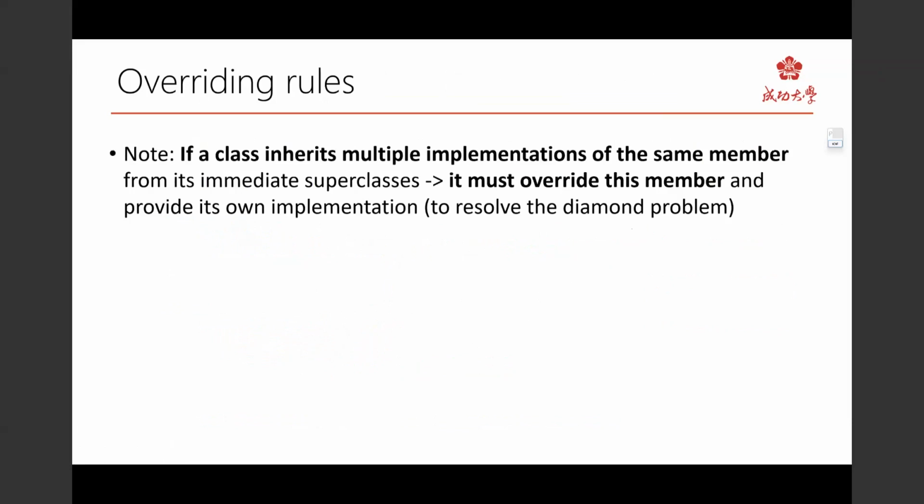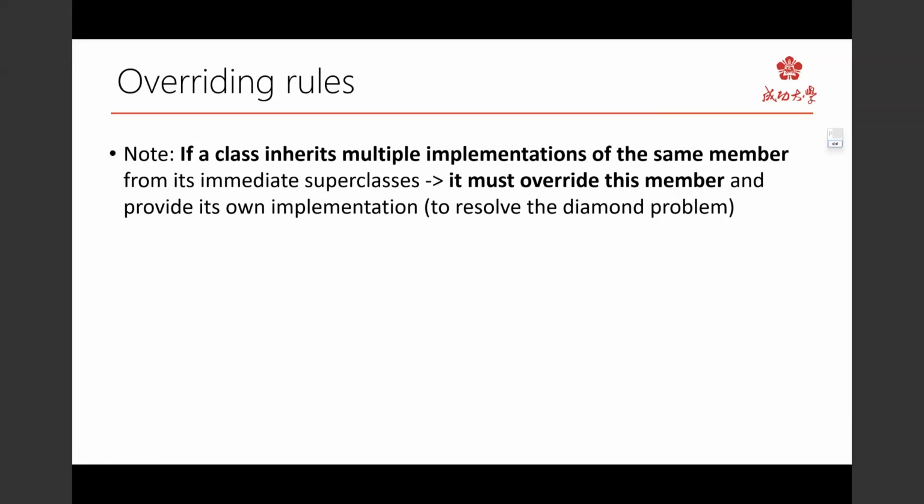There's one last rule about overriding functions. If a class inherits multiple implementations of the same member function, then it must override this member. But don't get me wrong, in Kotlin there is no multiple inheritance.